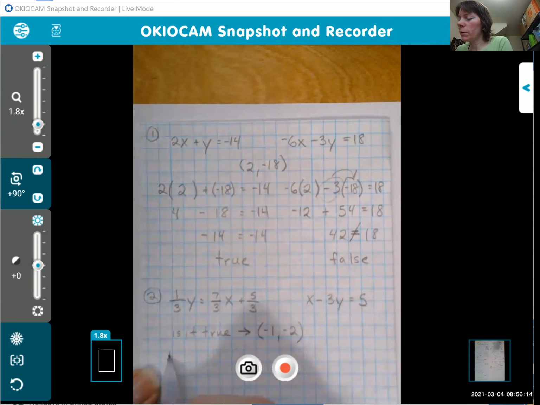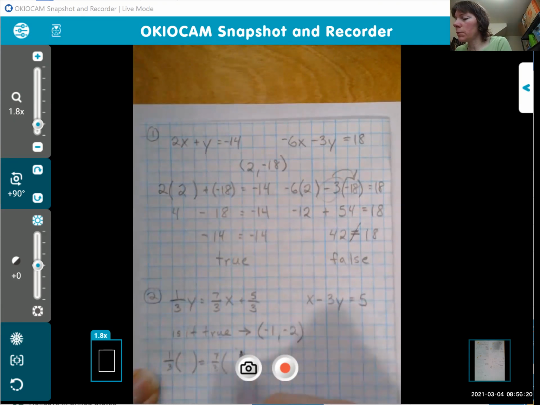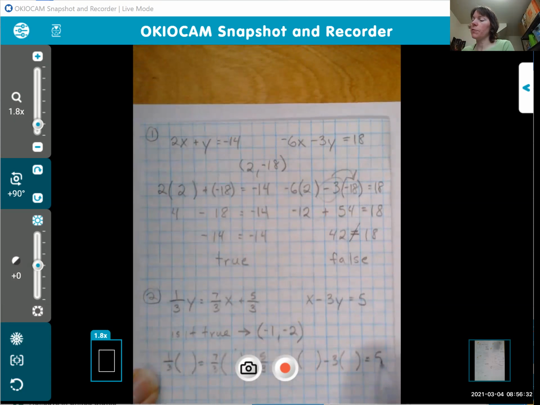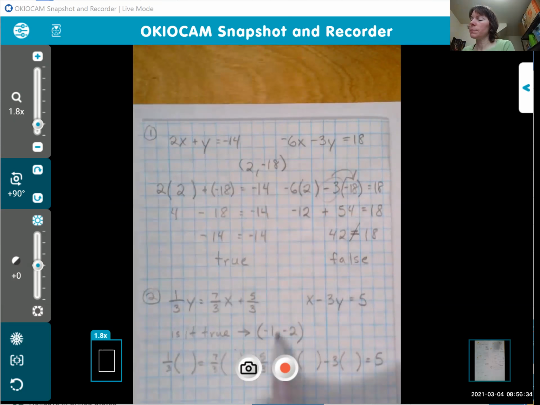We have 1/3, and that's where our y value would go, and 7/3, and then our x value, plus 5/3. And in another equation, we have where our x value will go, -3, and our y value equals 5. And now we can substitute.